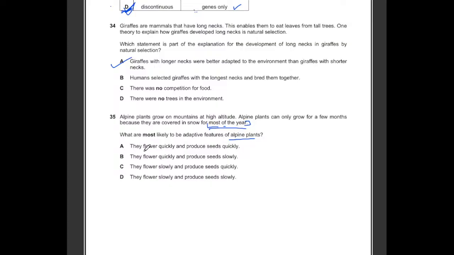They have to show quick growth of flowers and seeds also. Flowering quickly and producing seeds slowly cannot happen. They both have to be quick so that they can pass on their genes to the next generation. The keyword is few months, which means it has to be very rapid.